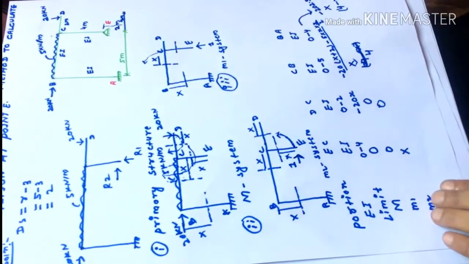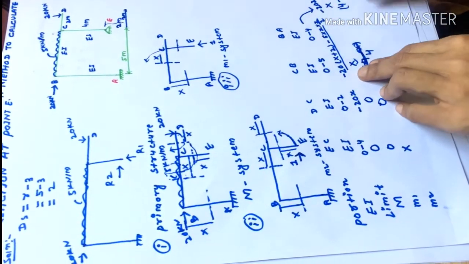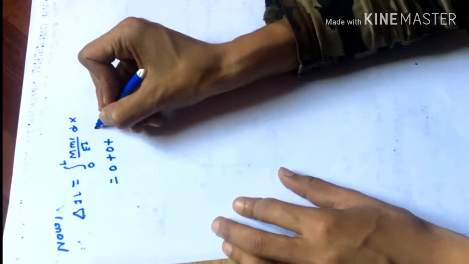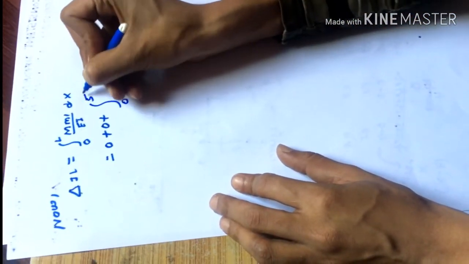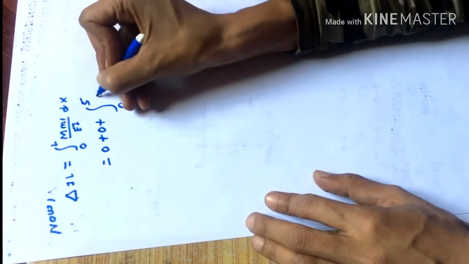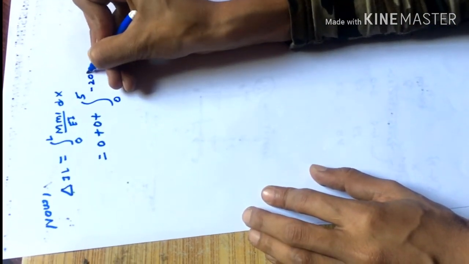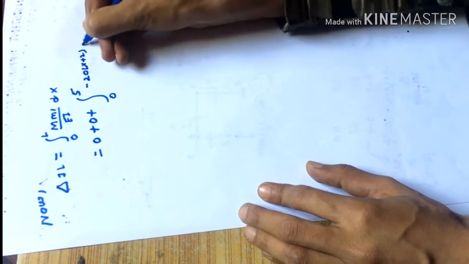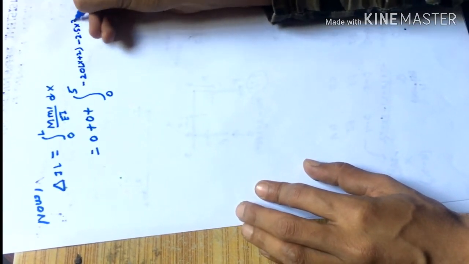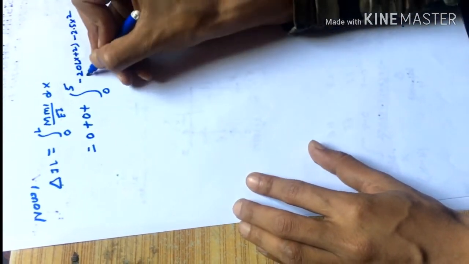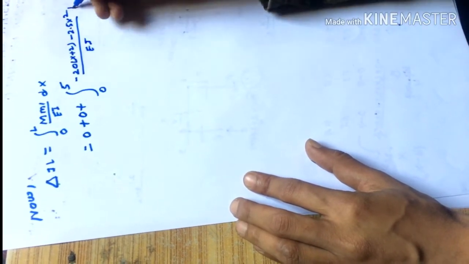The limit for portion CB is 0 to 5. So let us take the limit as 0 to 5 and keep the moment here, minus 20x plus 2, minus 2.5 x square, divided by EI dx.